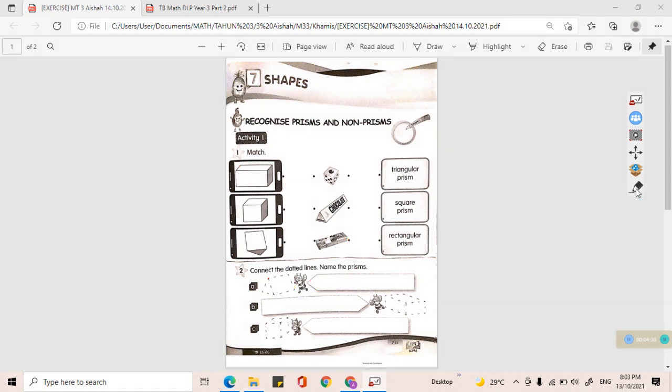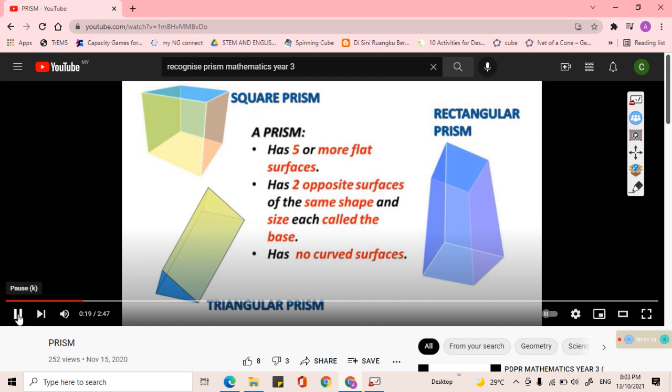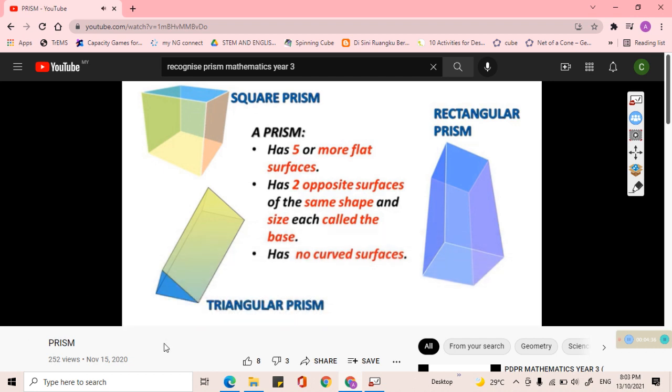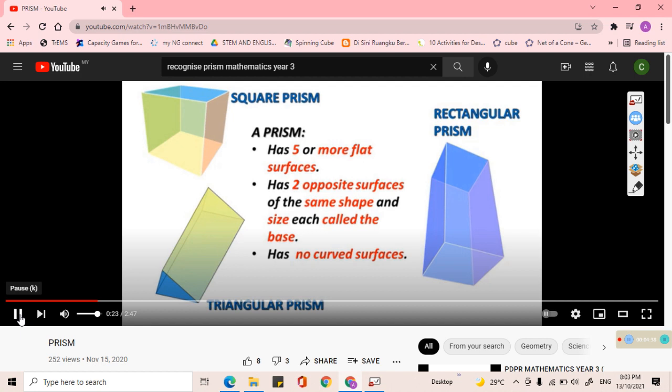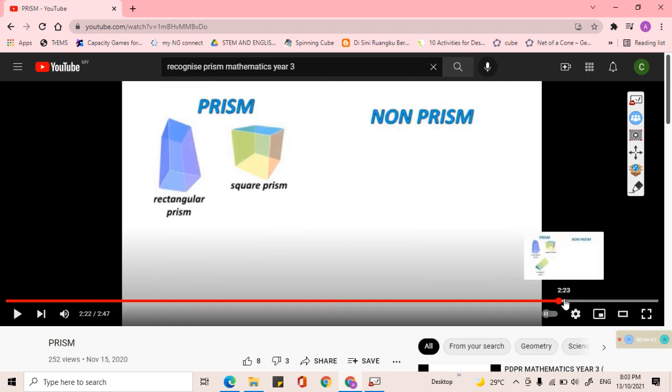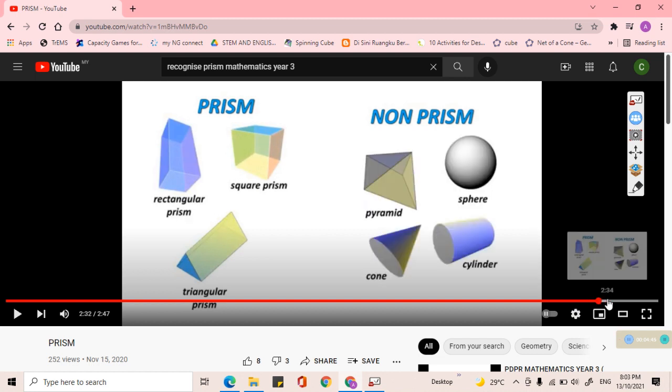Okay, next. Let us watch the video again. All right. Okay, this is the example of prism, and this is the example of non-prism. Remember, a characteristic of prism is that it doesn't have a curved surface.